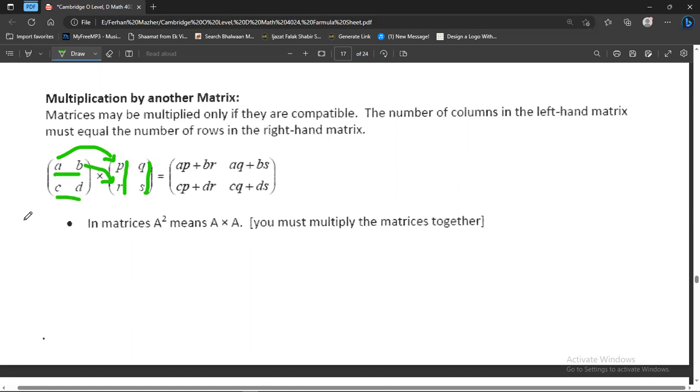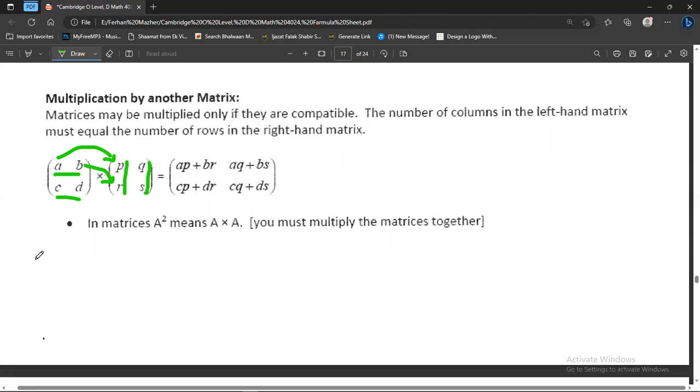Then we do the second row, the same thing. So here we will have AP plus BR. Then we will have AQ plus BS. Then this row will multiply: CP plus DR. Then you will have CQ plus DS. This is how the multiplication is done.